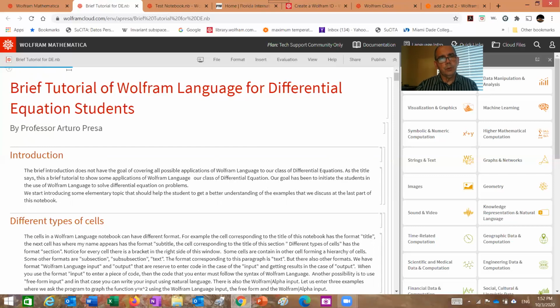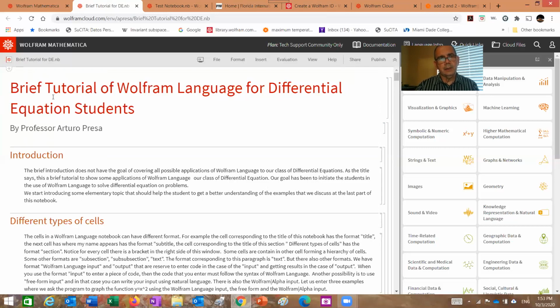You see there is a blue line here that is moving to the right, indicating the point at which we are with respect to the system loading this notebook. And then we are almost at the end.